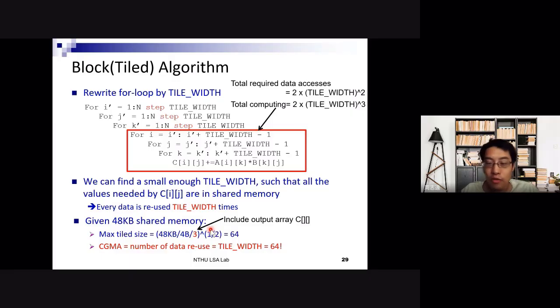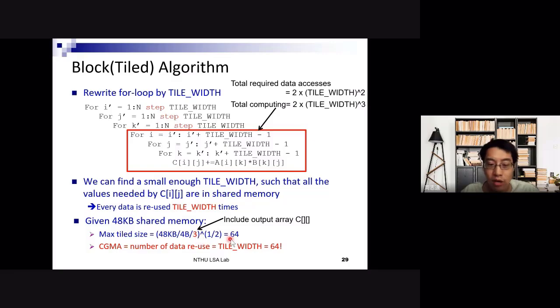Okay, and of course you can always do some optimization in order to increase this ratio. For example, as we said, we don't need to store C on the shared memory, right? Because the result of A and B can directly return to C on global memory. So here, supposedly, we could divide it by 2 instead of 3.